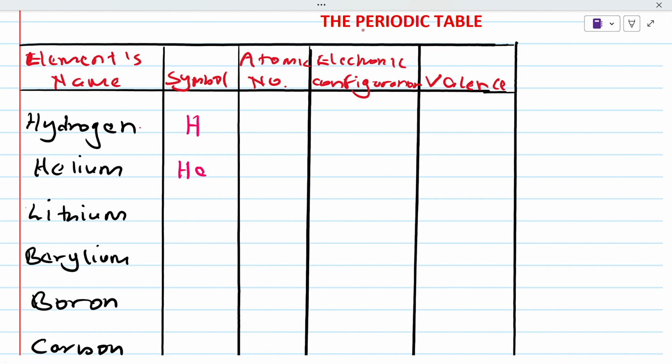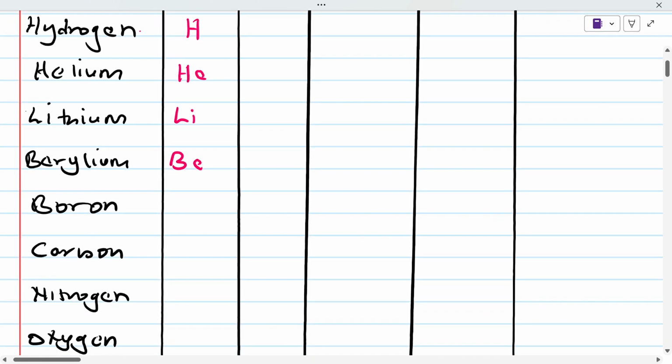Lithium, capital L, small i. Beryllium is capital B, small e. Boron is capital B. Carbon, capital C.